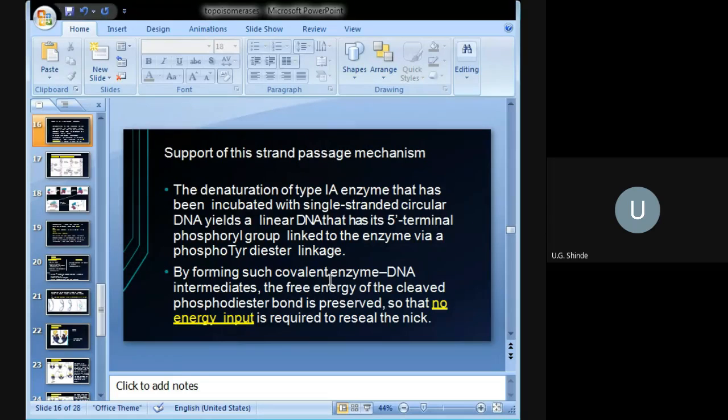That is the basis for there being no need for gap filling or resealing the nick, so energy is not going to be required for resealing the DNA strand in this mechanism.